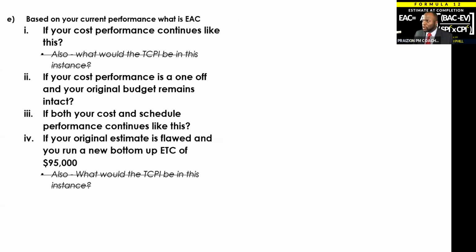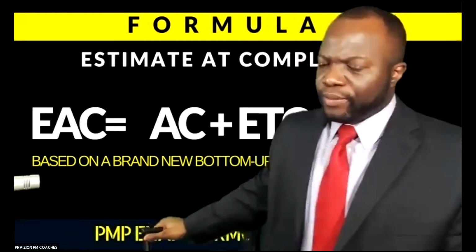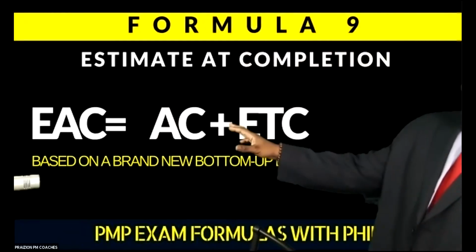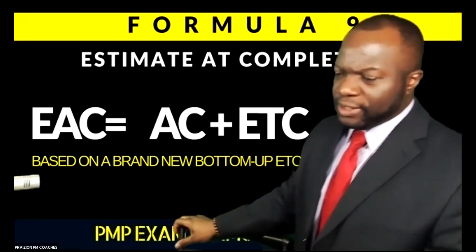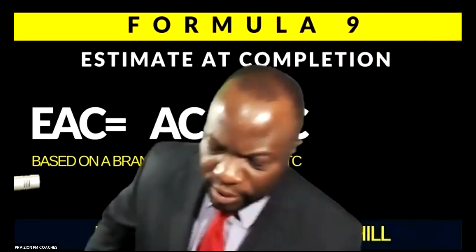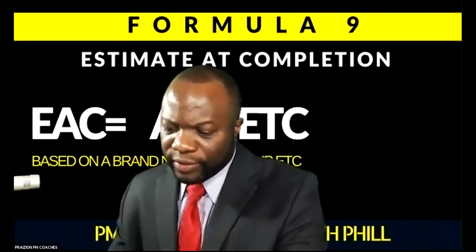The formula is this one, your brand new bottom-up ETC. Quick reminder. This is the formula we're now going to use, okay? EAC equals AC plus ETC. AC, you already know. ETC, you've been given. And we're just going to plug and play.